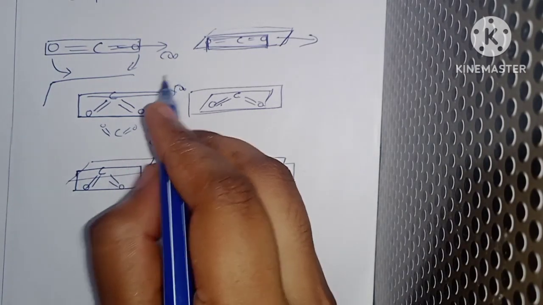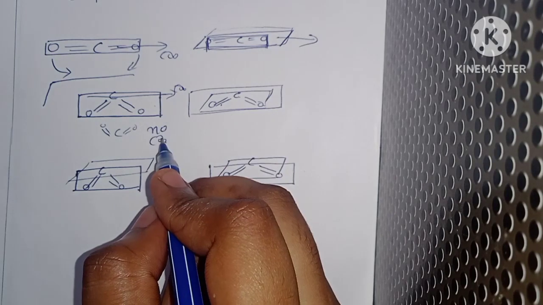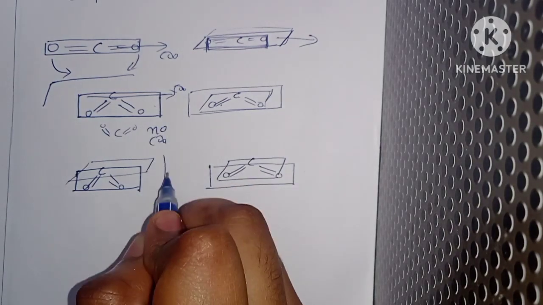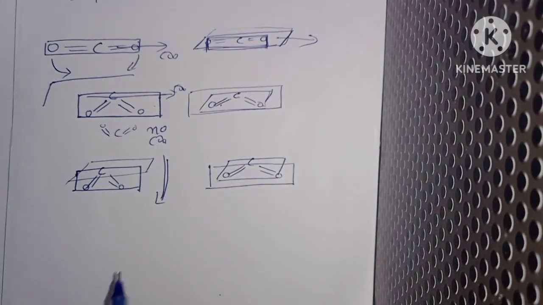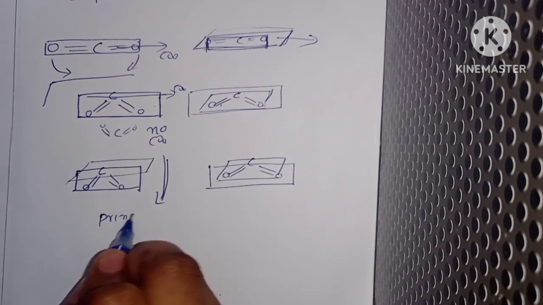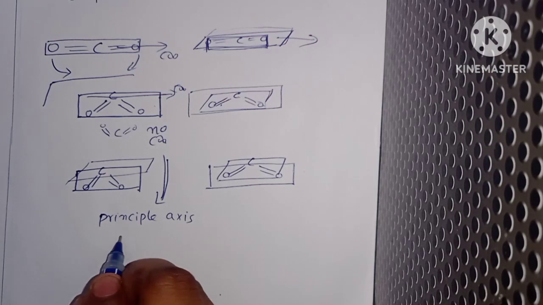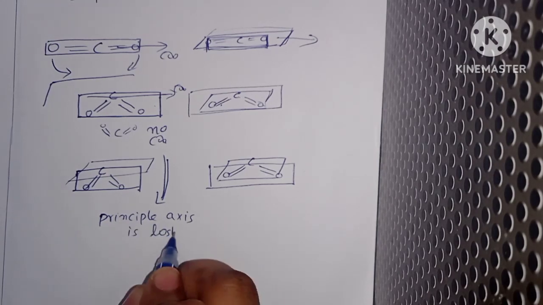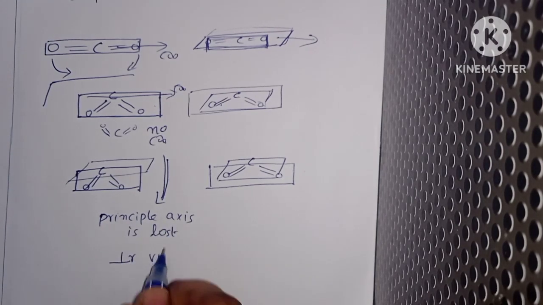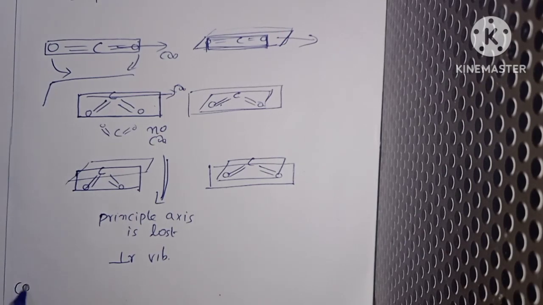Before, C infinity was there, after, no C infinity. Such a vibration in which the principal axis symmetry is lost is known as perpendicular vibration. So for the CO2 molecule, bending in plane is a perpendicular vibration.